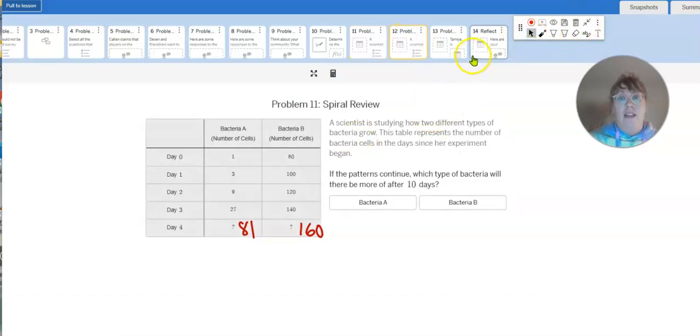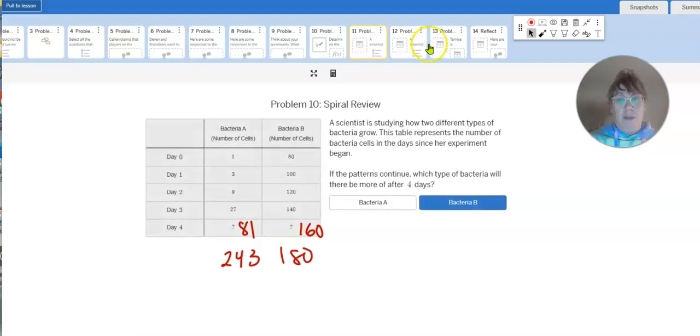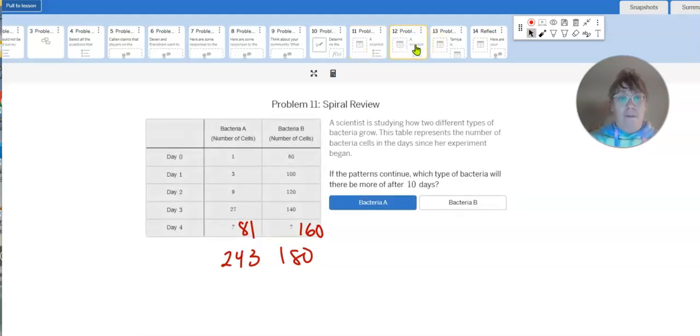But then once we get to day 5, that's when we have gone up to 243 versus 180. That's when bacteria A will switch, and then we'll have more bacteria produced because of that exponential growth. So the first one was bacteria B, then bacteria A, once we get to day 5.